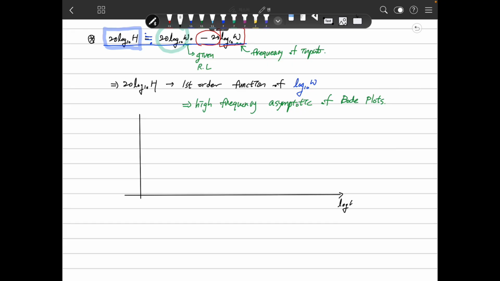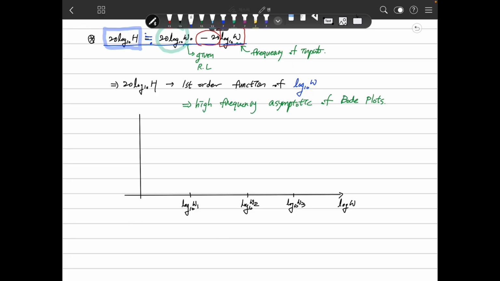This is log omega, and maybe this will be log 10 omega 1, this will be log 10 omega 2, and maybe this will be log 10 omega 3. If this is the same length as this, then it's the same, maybe 10 times in this manner. Okay, anyway, you can do that here.